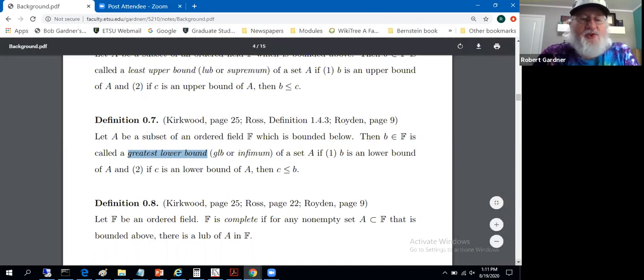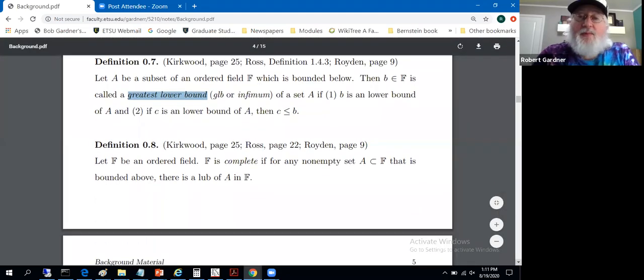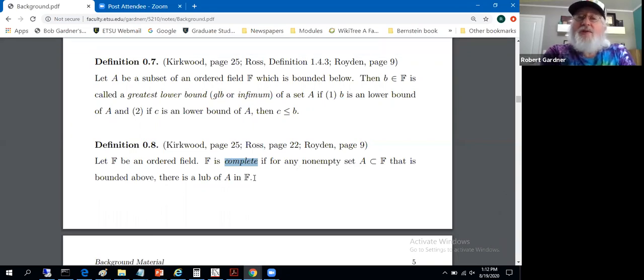One more definition, which will turn into an axiom, and then we can define the real numbers. Let F be an ordered field. F is said to be complete if for any non-empty set A of field elements that is bounded above, there is a least upper bound of A in F. So every set that has an upper bound has a least upper bound.